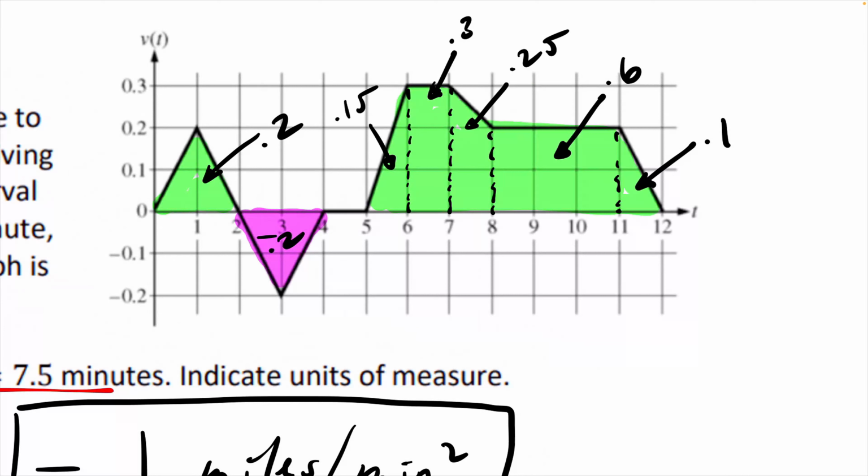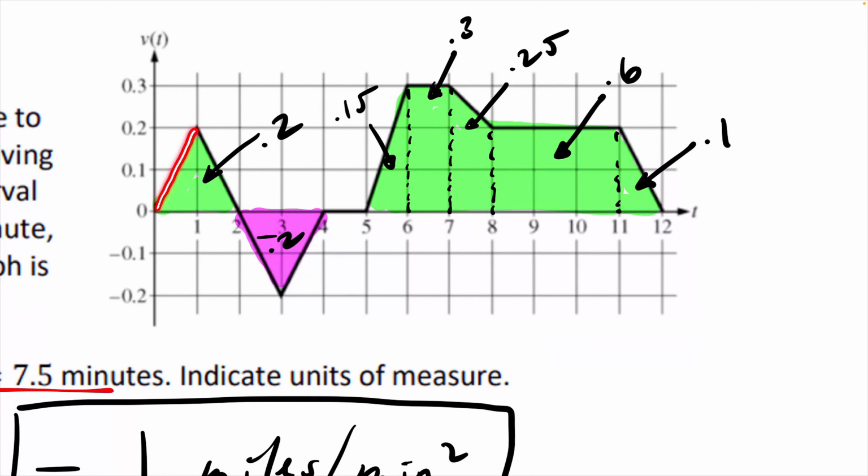Now I'm ready. At time 5, she's actually ready. So really, her displacement is only from 5 to 12. It took her 7 minutes, right? And that part right there, I think is 1.4. Double check my math, it's 1.4? Yeah, it's 1.4.